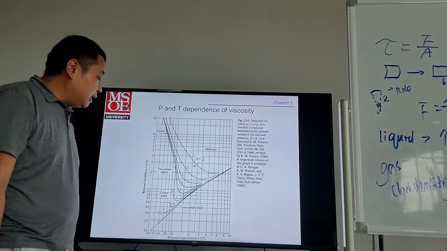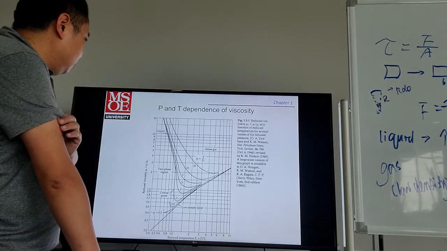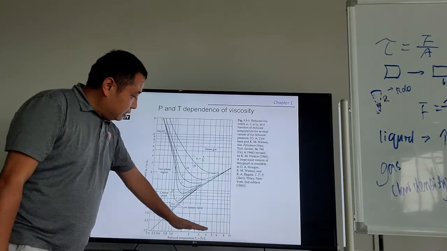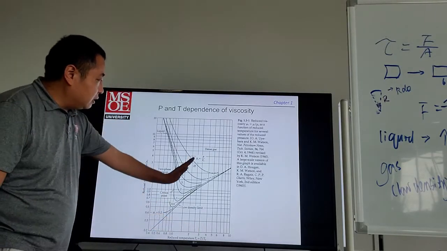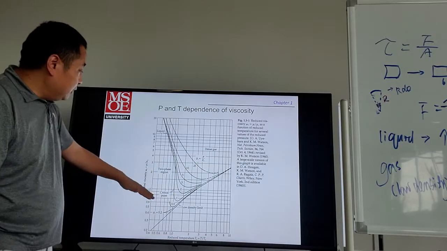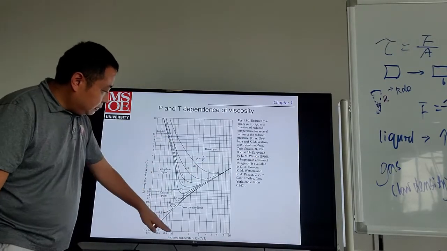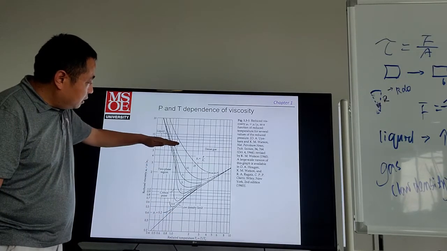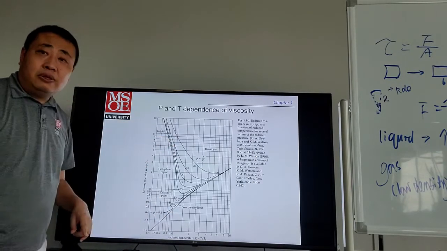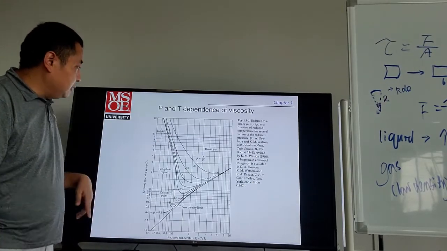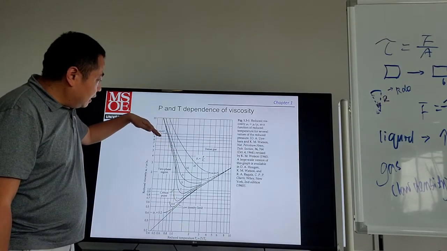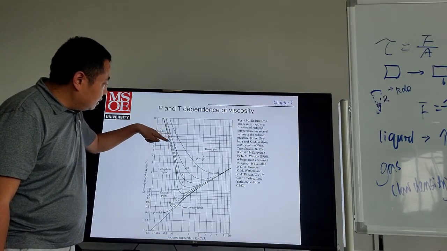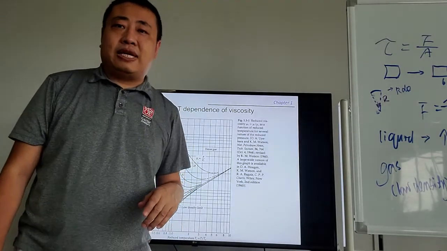If you look at the temperature influence, we know this is the direction of temperature increase, this is the direction of pressure increase. If we look at liquid, we can see with the increase of temperature, if we keep P constant and increase T, the MUR decreases.